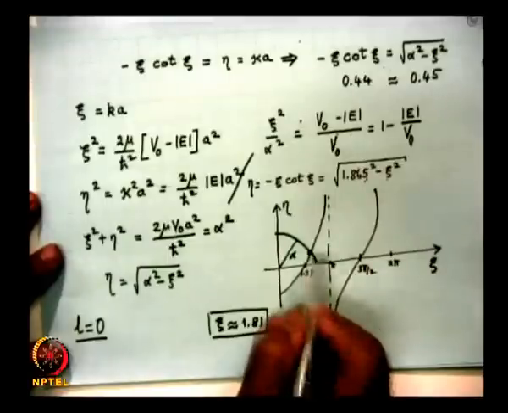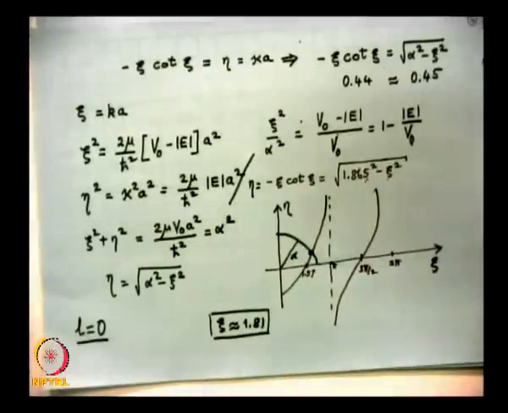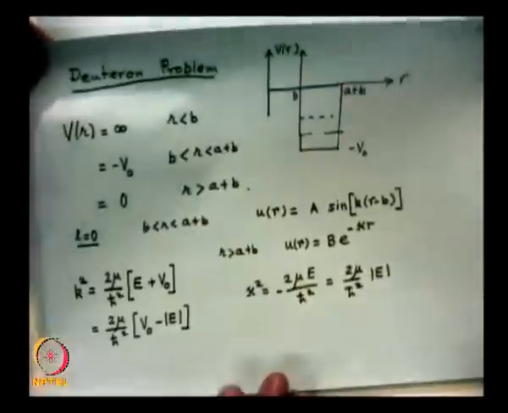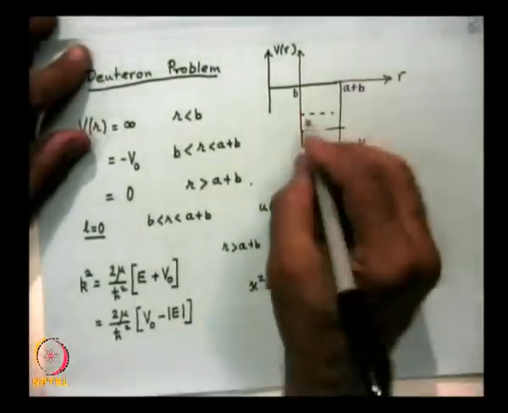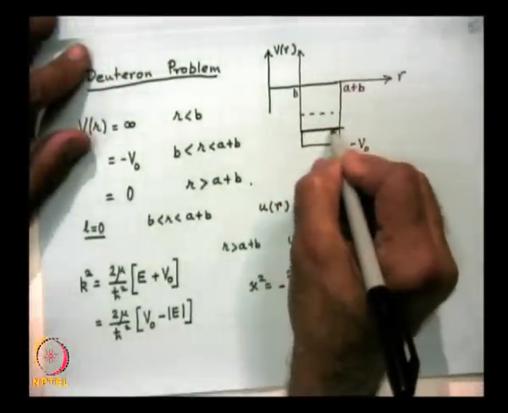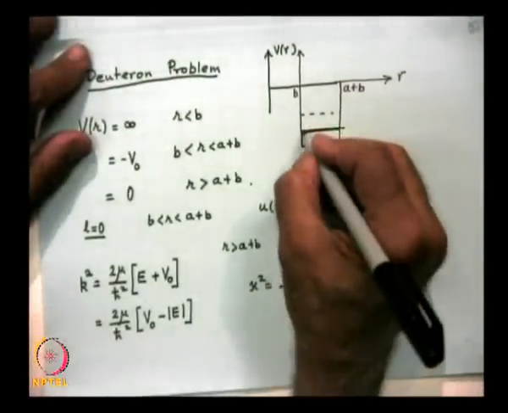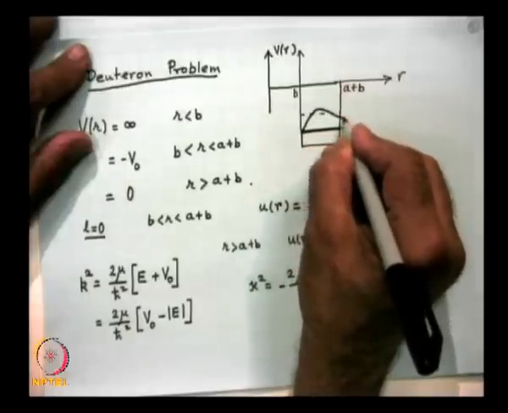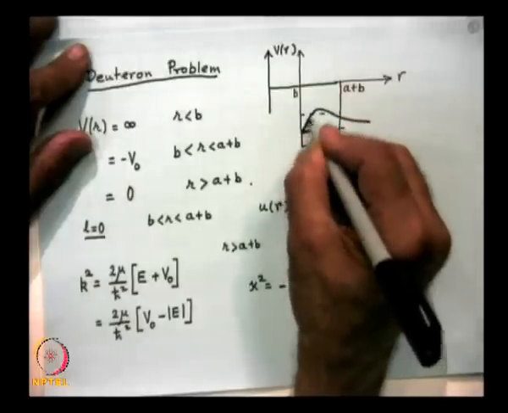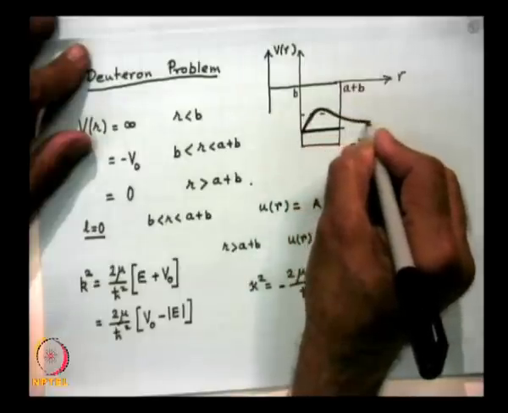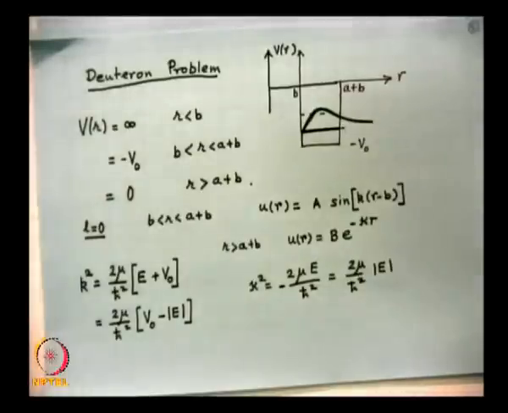So, you will have here only one bound state, which is deep inside it. The wave function goes to 0 here, and it is exponentially decaying here. So, this is the ground state wave function corresponding to the deuteron problem.